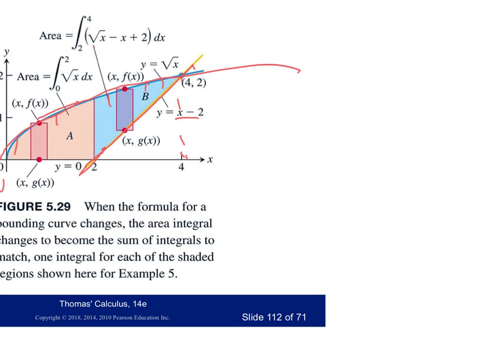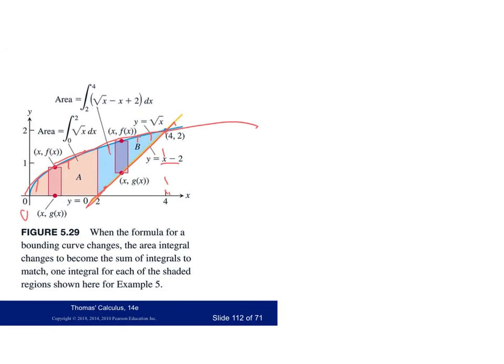But let's prove that. Let's set the square root of x equal to, what was that, x minus 2? And you guys have probably never done one of these before. It actually is a quadratic.